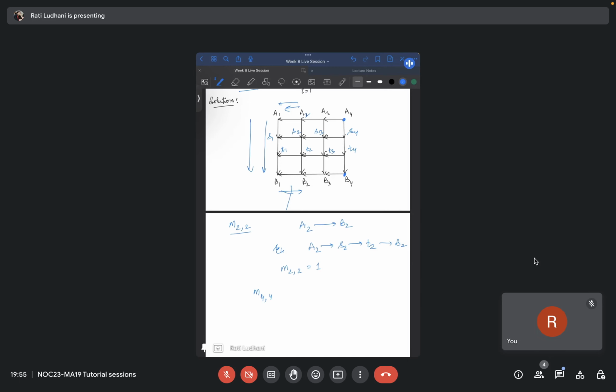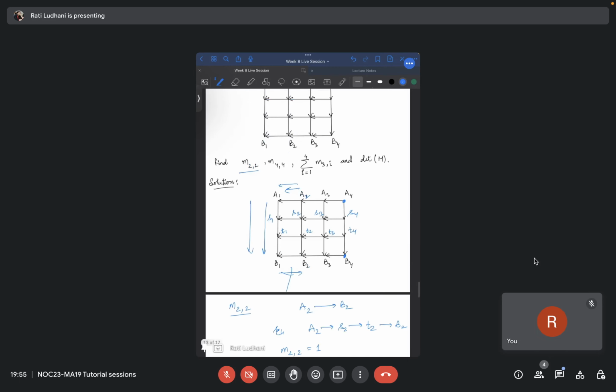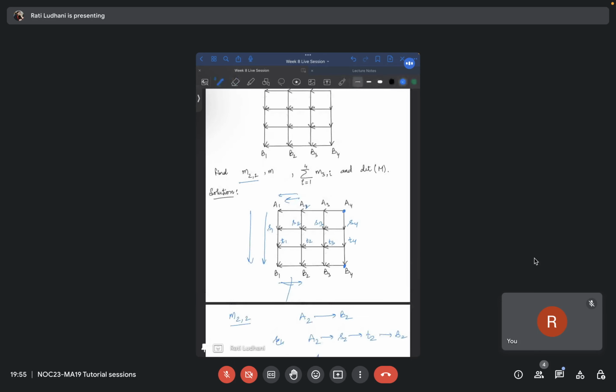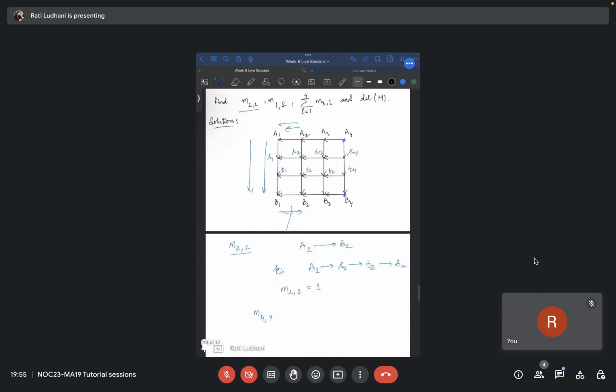Let's change the question, a little bit interesting at least. So, for example, you consider A1 to B4. Is that interesting? No. You consider A1 to A2 maybe.